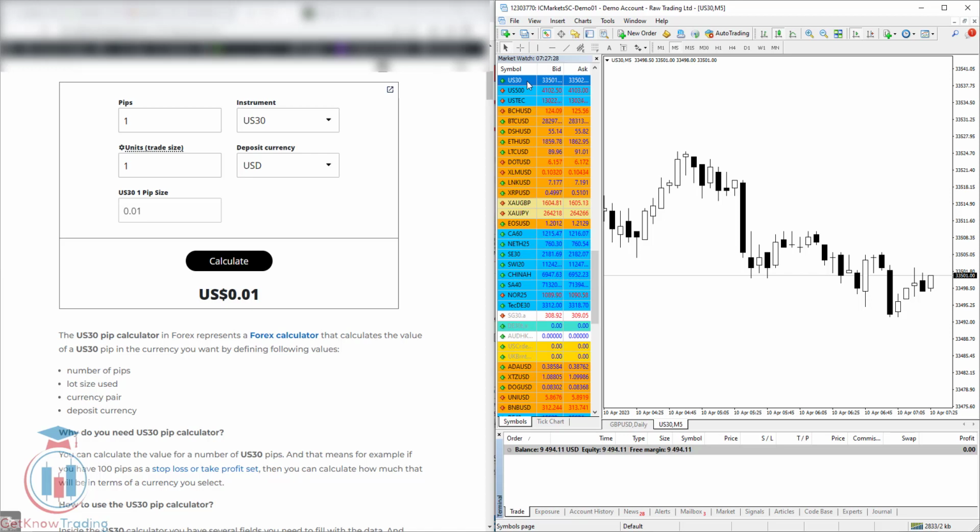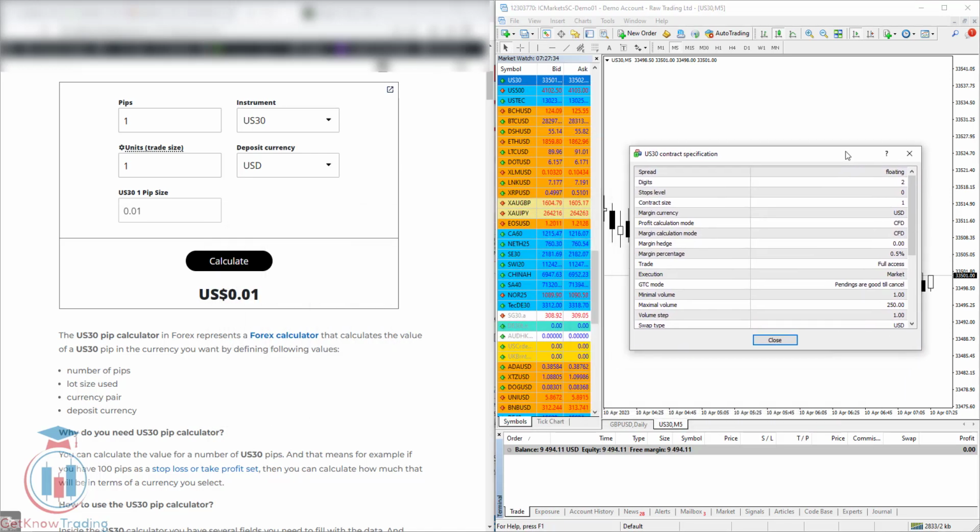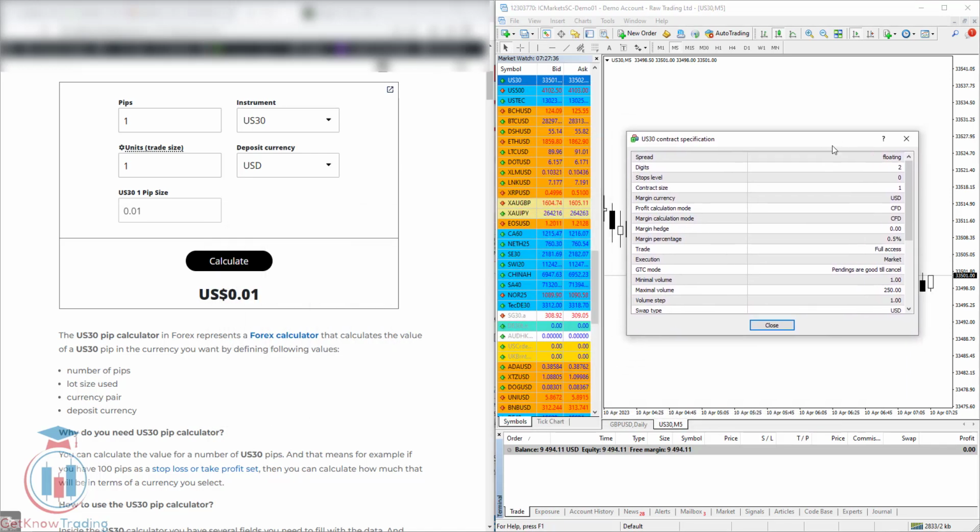To do that, click the right mouse button and go to specification, and a new window will appear. Inside this window, you can see the details from your broker, for example the spread, digits, stops level, and the contract size. The contract size is the number of units for 1 standard lot.